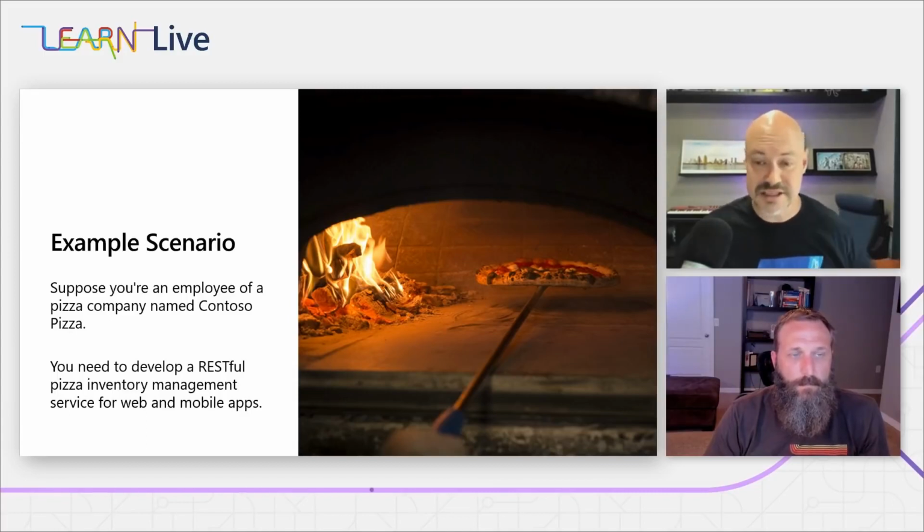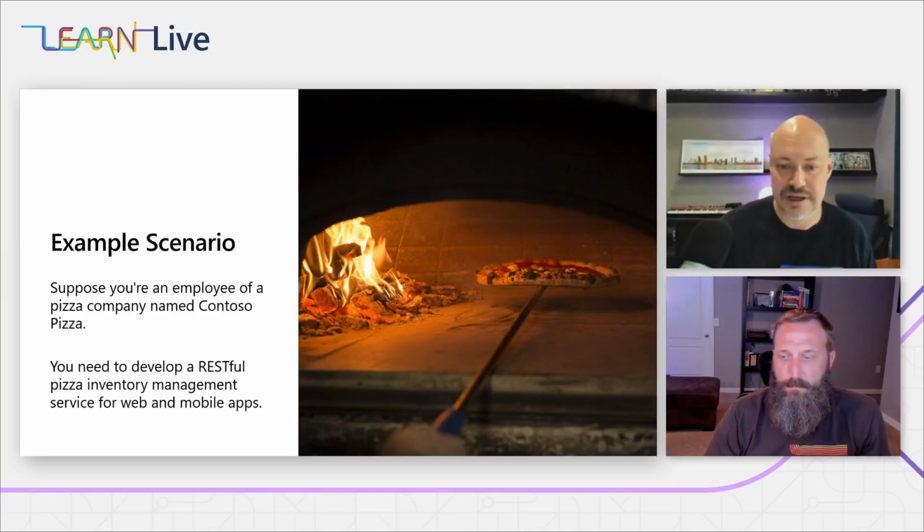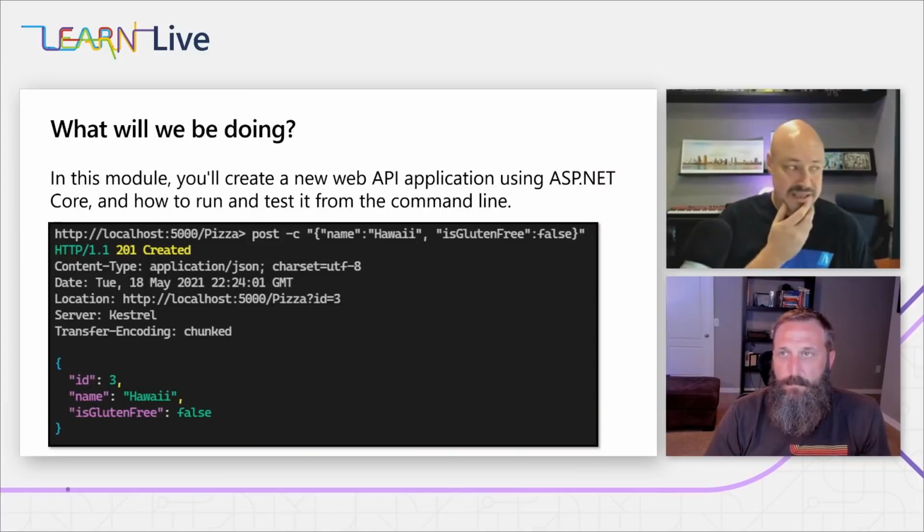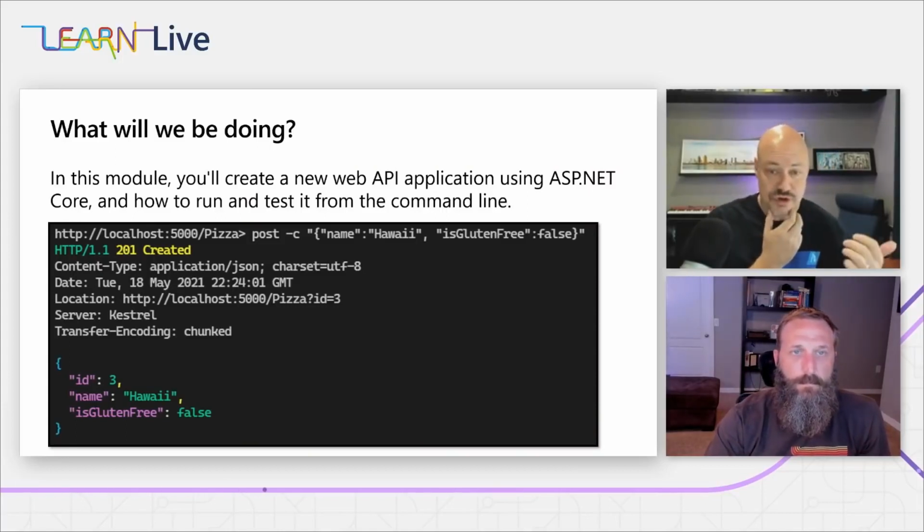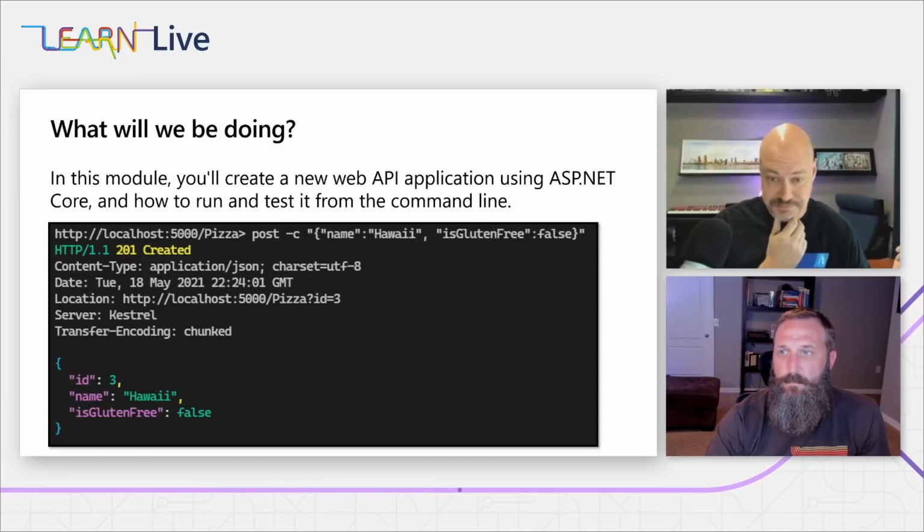So it's not just the website that you're powering, you're powering the entire operation here. Specifically, we'll create a new API application, and then we will test it and do all the things from the command line.